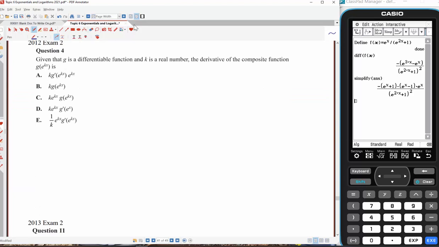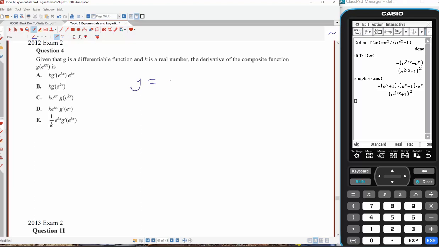Okay, given that g is a differentiable function and k is a real number, the derivative of the composite function, that is. So this is exactly the same question as before. It's just going to test whether you can recognize that this is the chain rule.